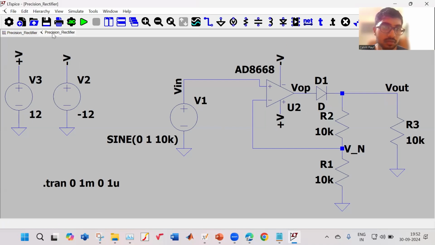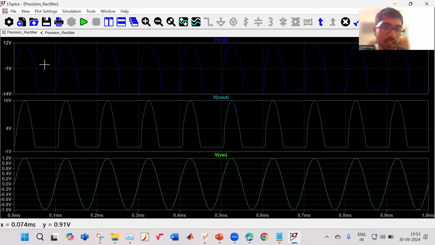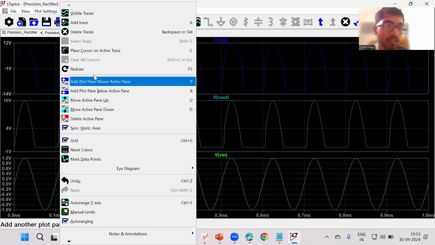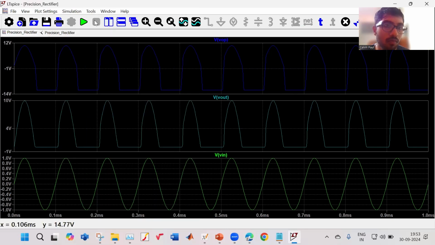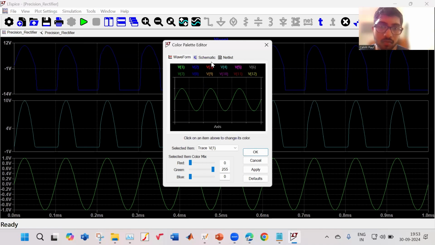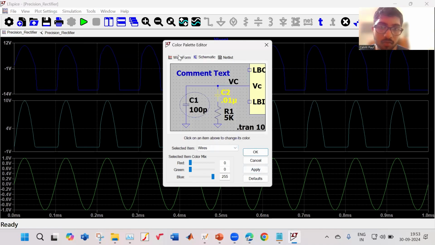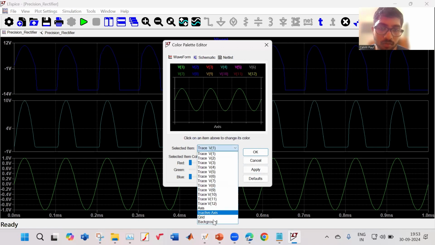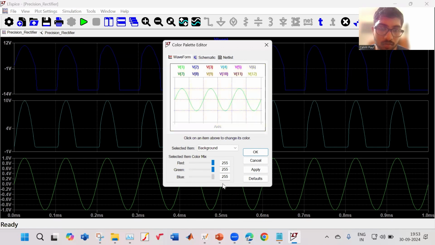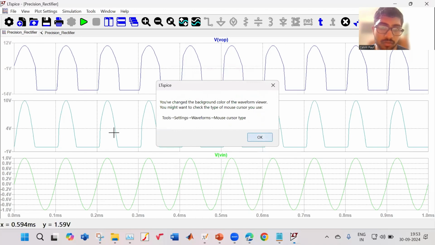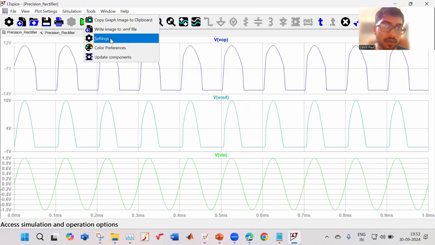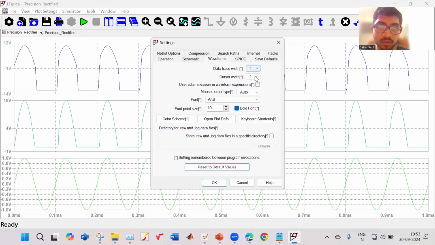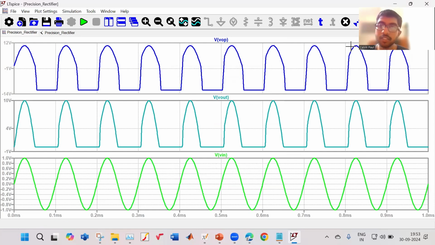Okay, so this is the voltage across the diode. Okay, now is it better? Yes, sir.